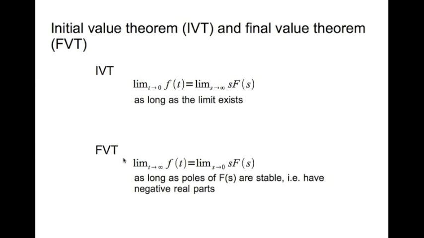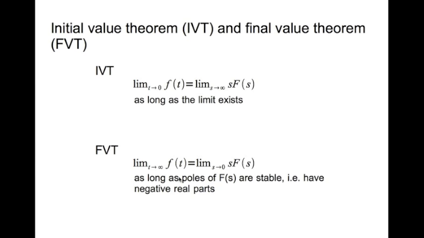The final value theorem is most important as far as we are concerned. The limit as t tends to infinity of f(t) is equal to the limit as s tends to 0 of s times capital F(s). So essentially what it tells you is the final value of a time domain function is equal to the limit as s tends to 0 of s times capital F(s).